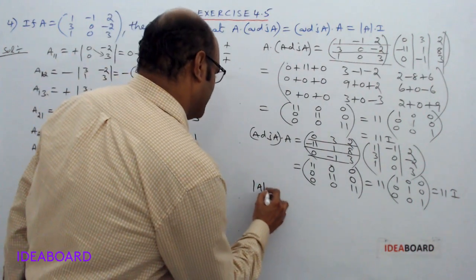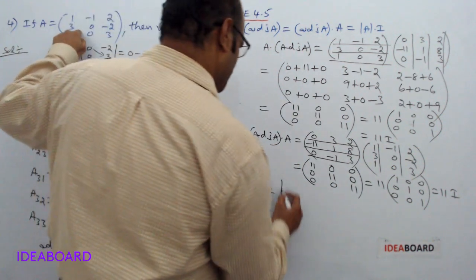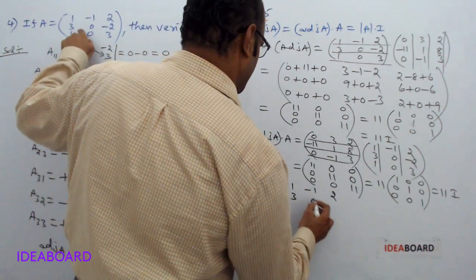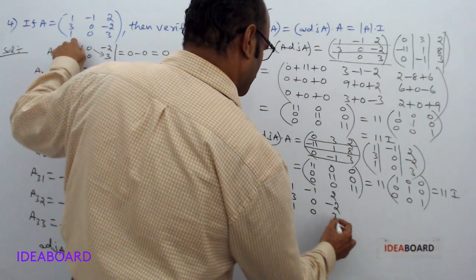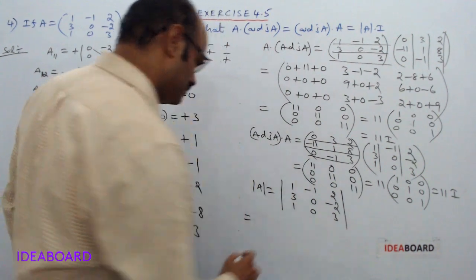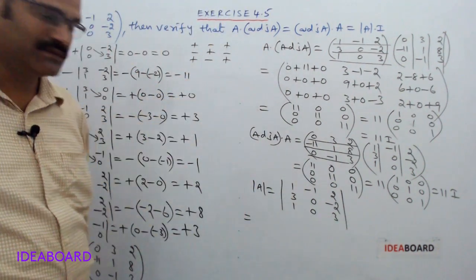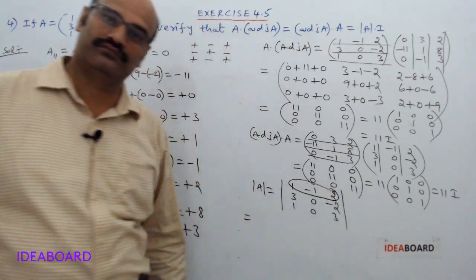Let us verify det A value here. Det A equal to determinant of 1, minus 1, 2, 3, 0, minus 2, 1, 0, 3. We have to take the signs plus, minus, plus. So let us expand along first row.